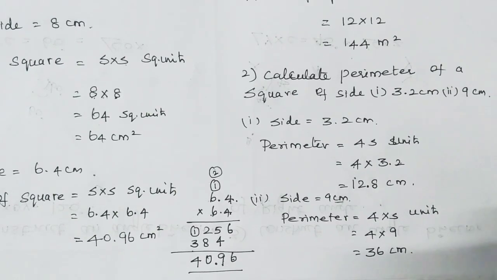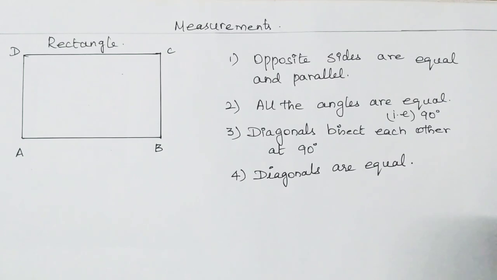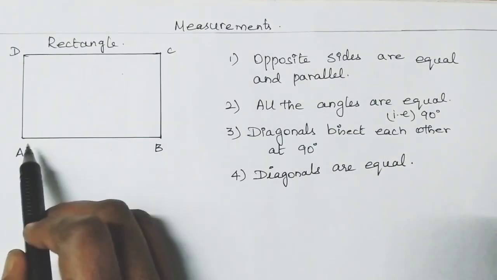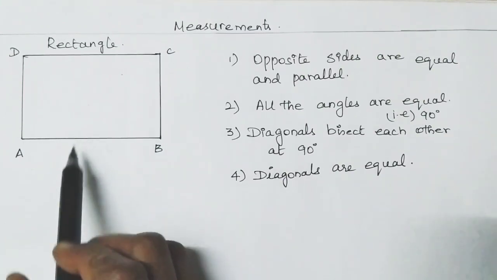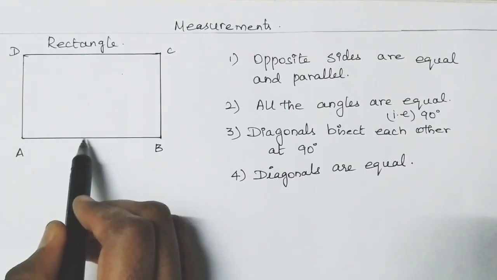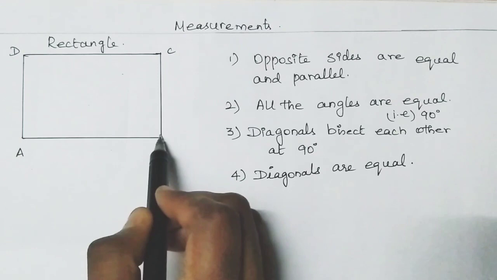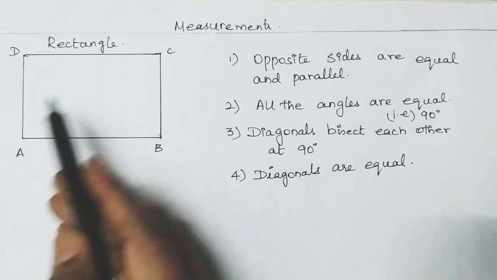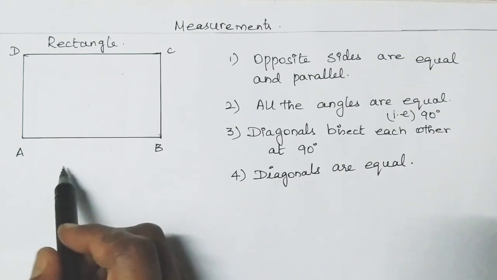Okay. Now let's see about rectangle. So rectangle is also a four-sided polygon. It has four sides: AB, BC, CD and DA. Opposite sides are equal and parallel.